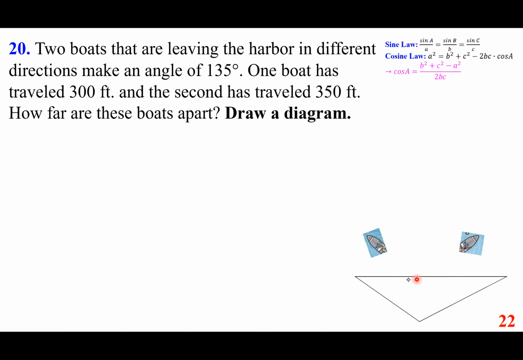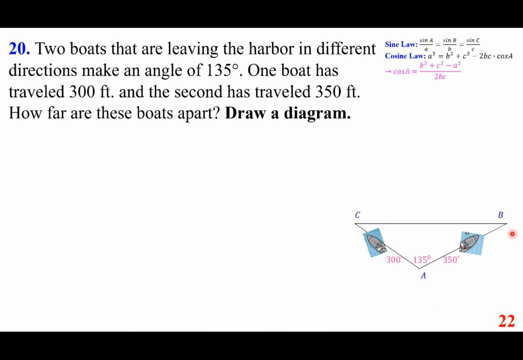So they are making 135 degrees between them. We call them A, B, C. This angle is 135 degrees. One is going 300 feet, one is going 350 feet, right? How far are these boats? So we want to know the distance of BC, or A, lowercase a.